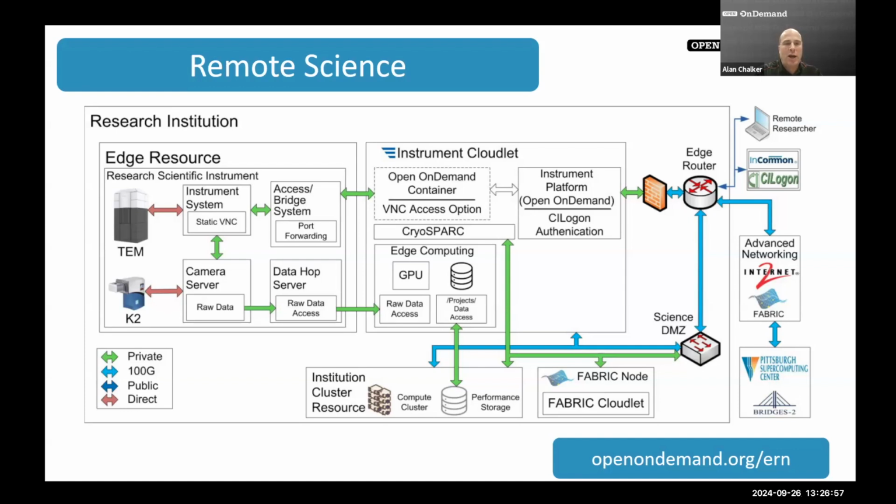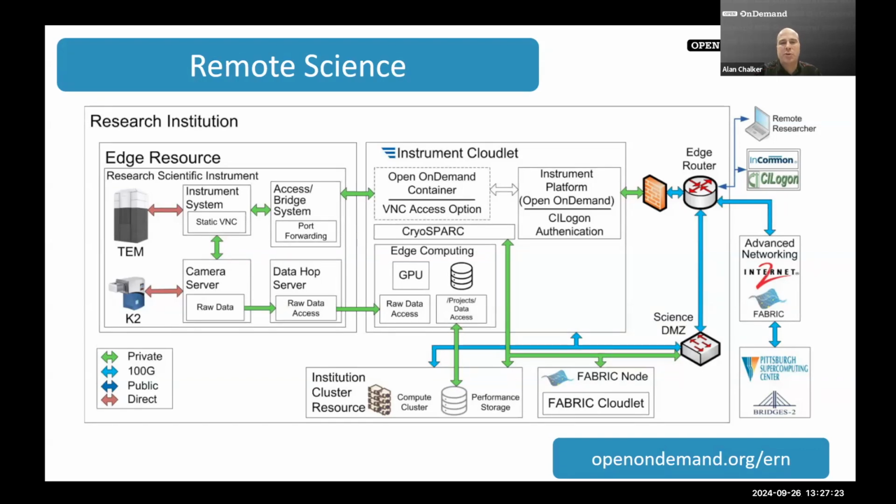So cryo-EM is a big thing in biomedical fields now, a huge workflow where you've got these cryo-EM machines that are generating ridiculous amounts of data that then needs to be processed. And Open OnDemand can help with that. We can provide an interface. So you can see in the very middle of this diagram, Open OnDemand is mentioned twice there as an interface to help with this CryoSPARC.